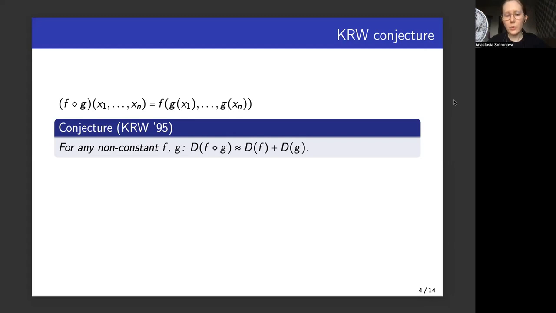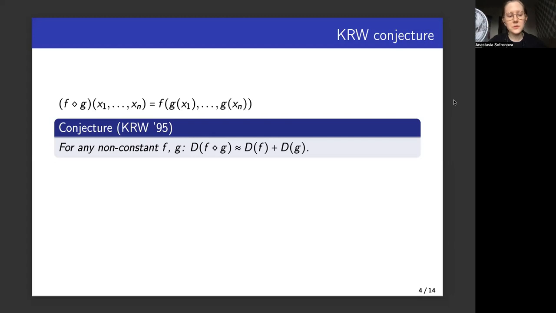Now, the upper bound for the depth of the formula for block composition in terms of the depth of formulas for f and g is easy. It's easy to compute block composition in that much depth. The hard part is to achieve a lower bound on the depth of the block composition. Now, this symbol roughly equal can be treated in a number of ways, really.